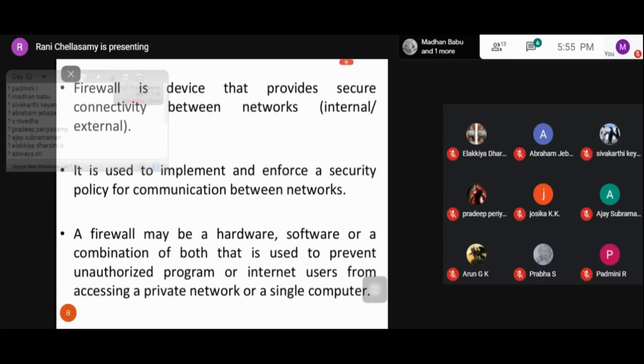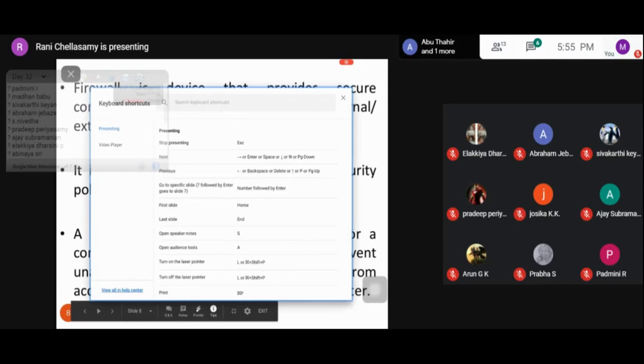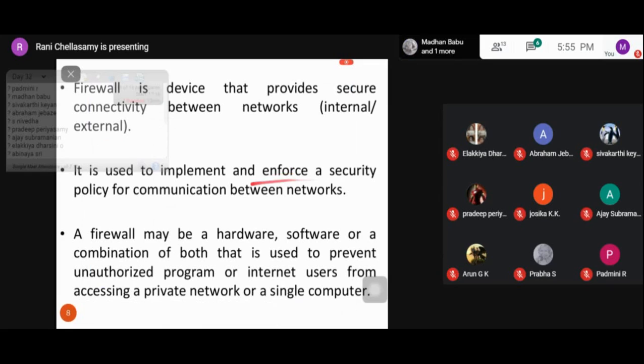It is used to implement or enforce the security policy. Policy means some rules.